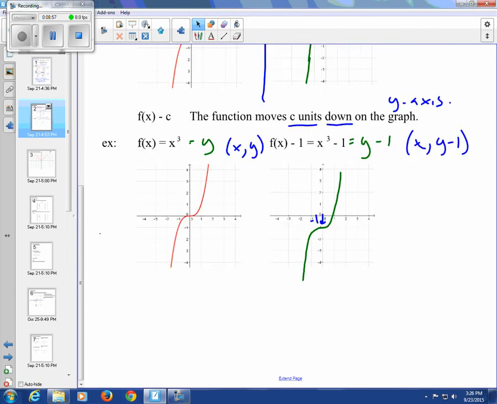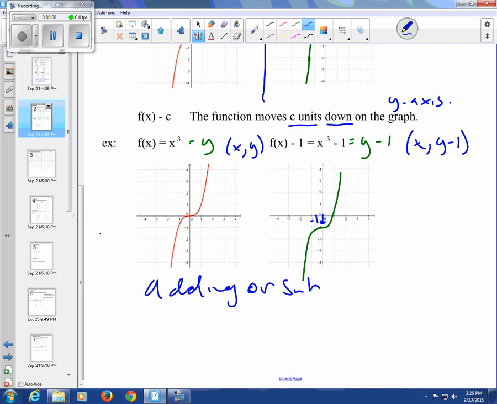So right here we can say, adding or subtracting outside the function.